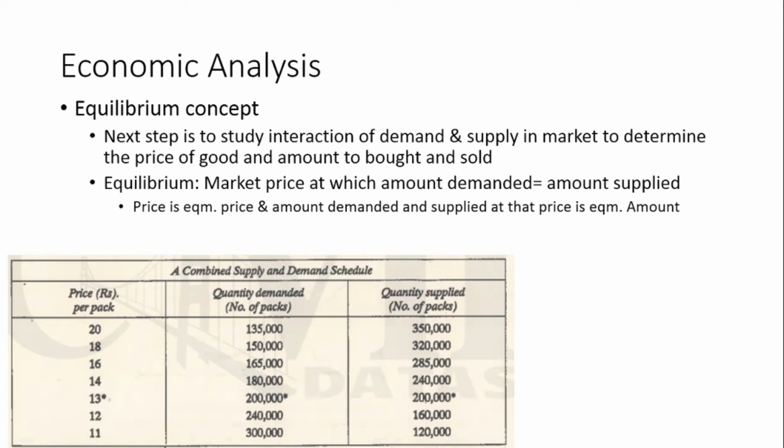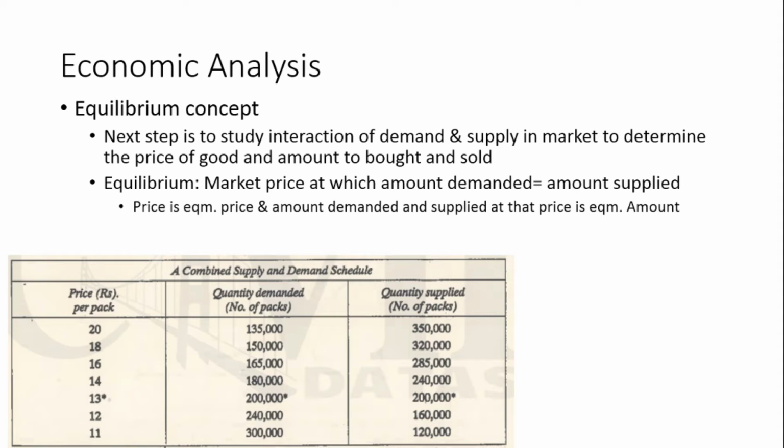Here, at the top left corner of the screen, we can see a chart having a combined supply and demand schedule, where in the first column the price of the tea bags is shown. The next column is quantity demanded in number of packs, and the third column has the quantity supplied in number of packs.